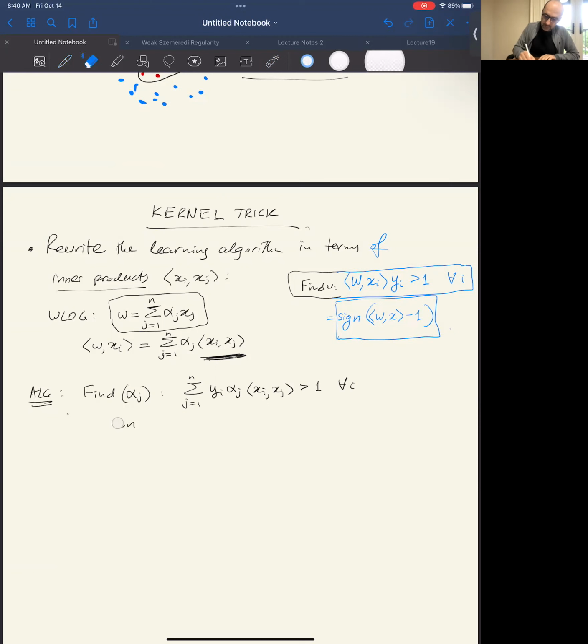And the prediction of the algorithm, for a new cell, does it have cancer or not, is the sign. How do we do this? W x minus 1, and W is this. So I'm again expanding the W here: the sum of alpha j x xj.